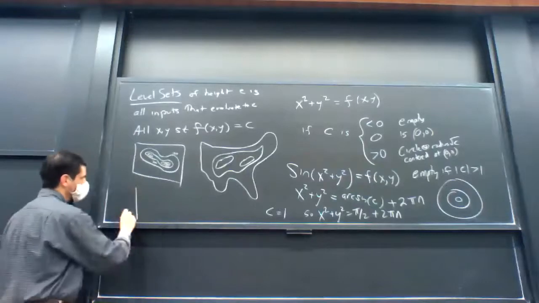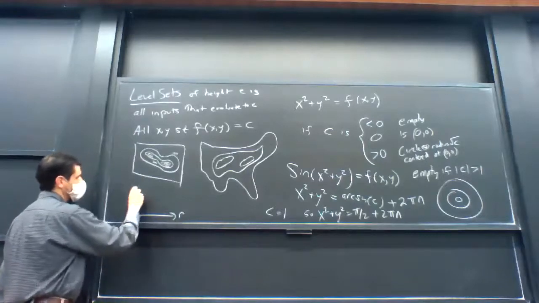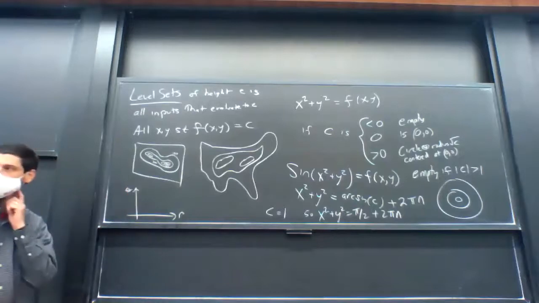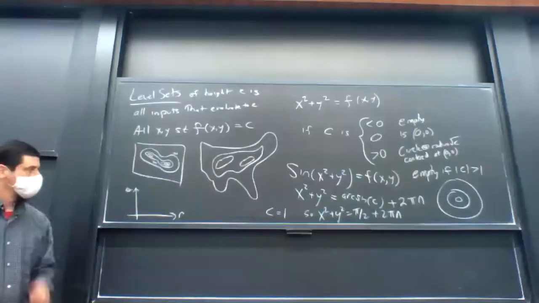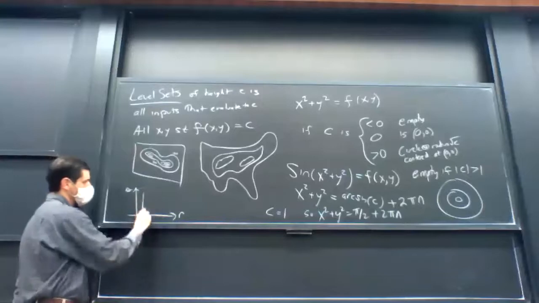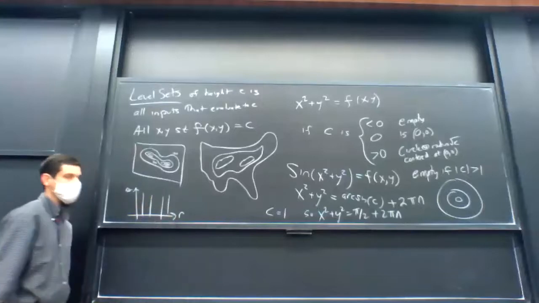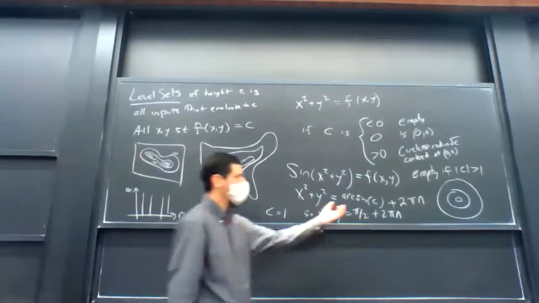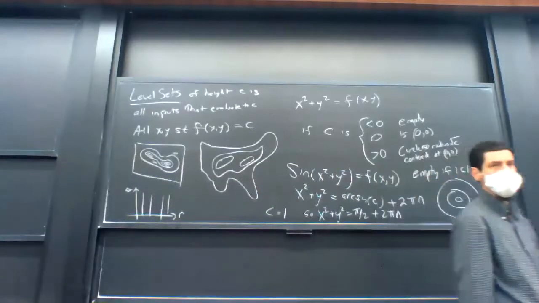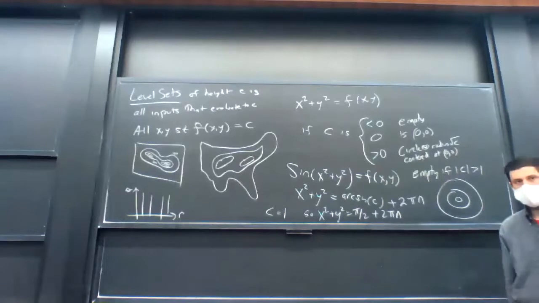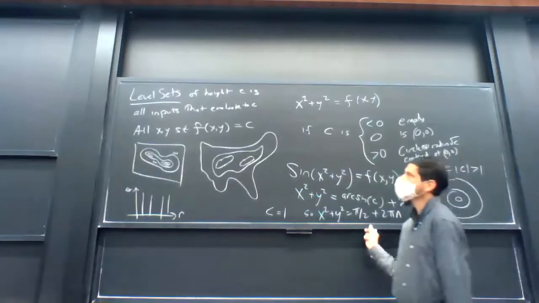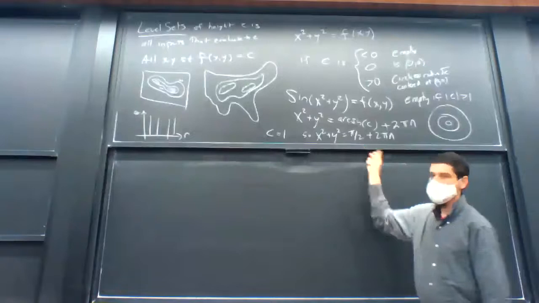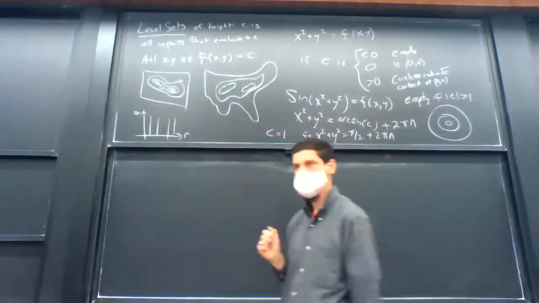And so if you were to plot this in polar, if this is r and this is theta, the level sets would just be lines like that. And they would just be different values of r, depending on this. Any other questions on level sets?